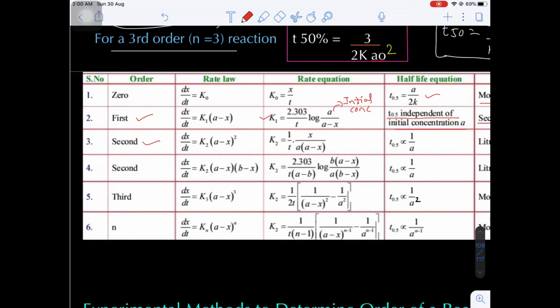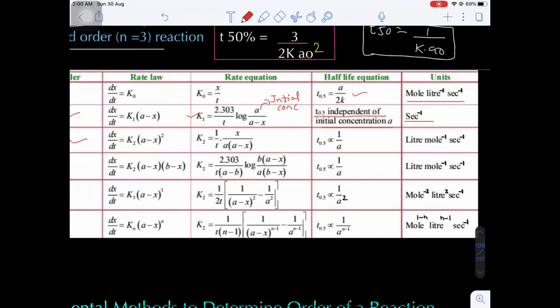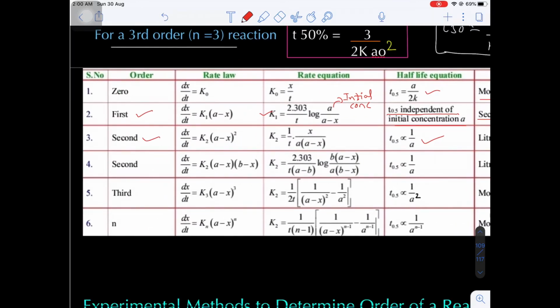And second order kinetics is given here. Second order kinetics k2 is equal to 1 by t into x by a into a minus x, and T50 is inversely proportional to initial concentration of the reactant. There are two different types of second order: a single reactant and two different reactants. For a single reactant, the concentration will be a.